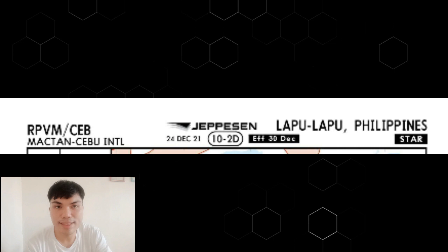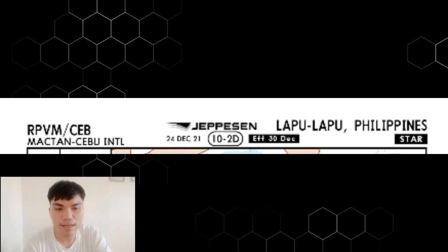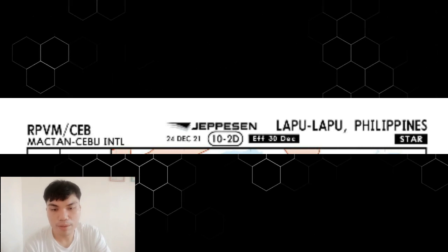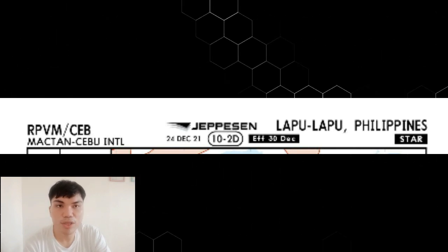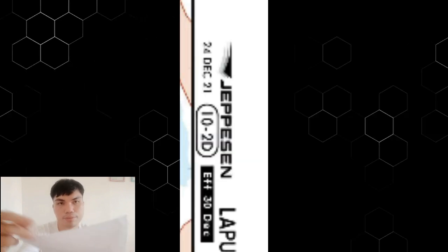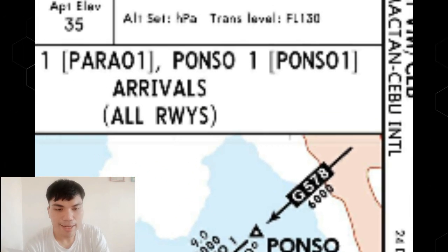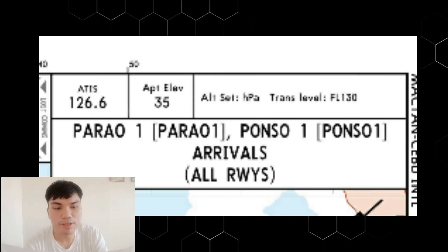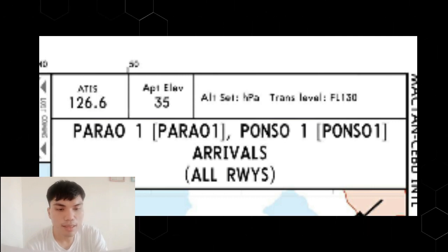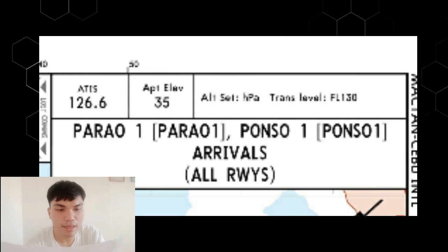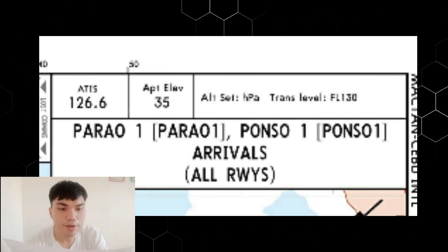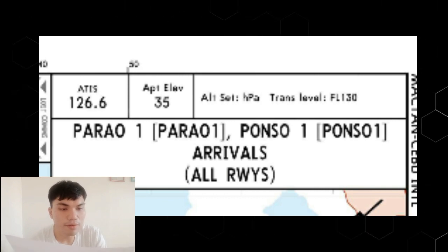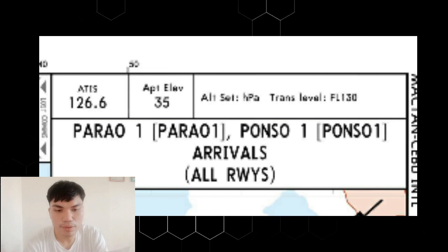Chart index 10-2 Delta, effective date December 30. RPVM Cebu, Mactan Cebu International Airport. ATIS 126.6, airport elevation 35 feet, altimeter setting in hectopascals, transition level, flight level 130.